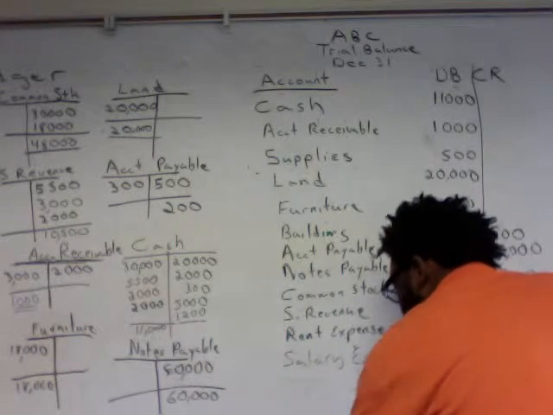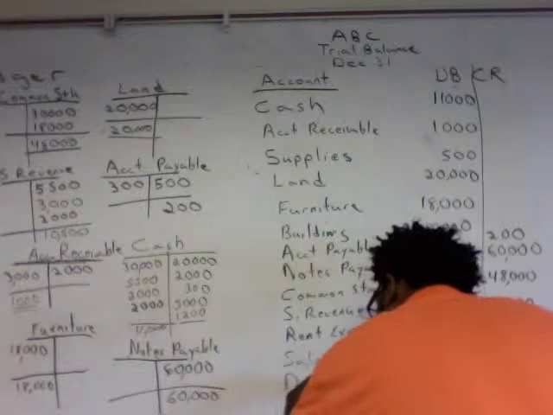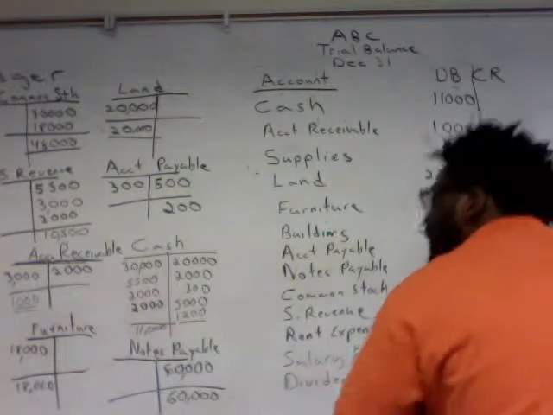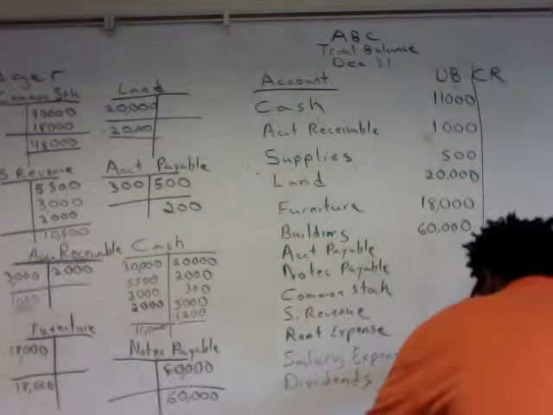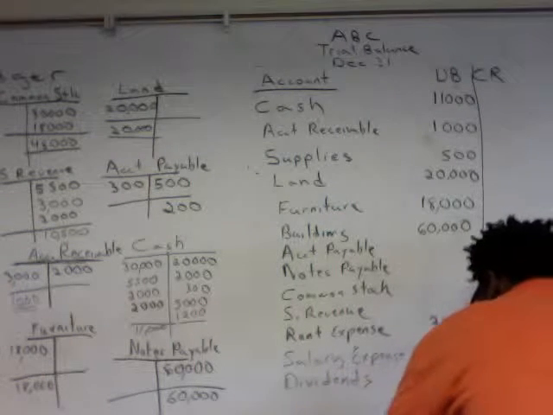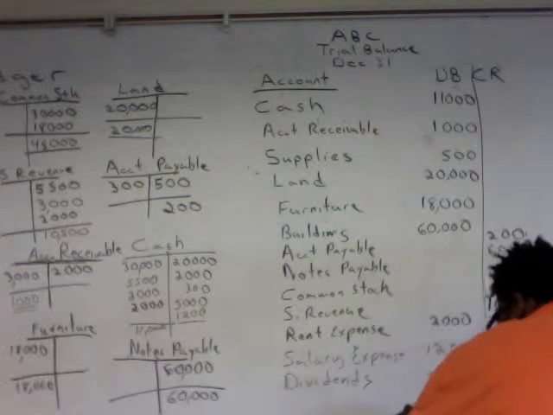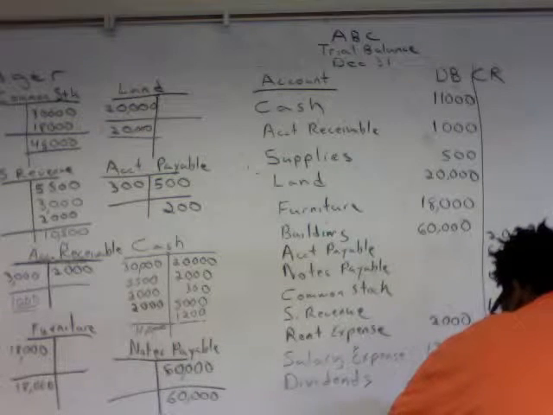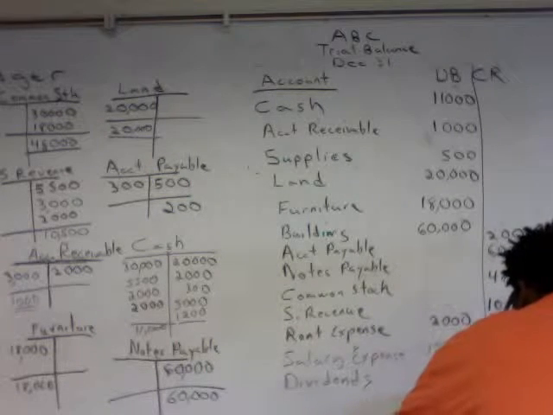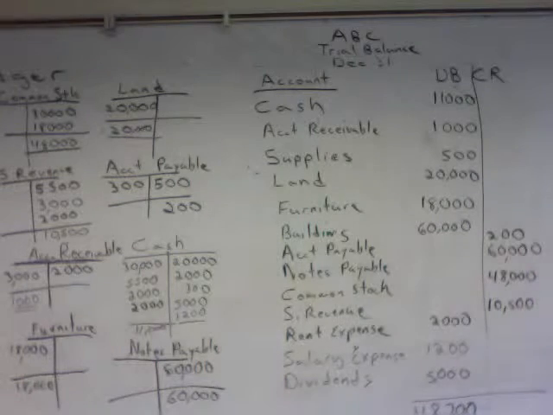I'm also not going to forget my dividends balance. So I had a dividends of $5,000. And so now my balance should be $1,700, which is exactly the same amount as I was on the credit side.